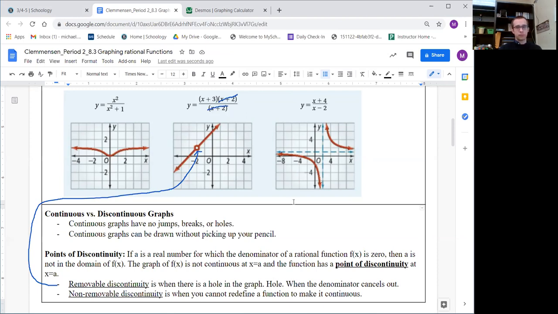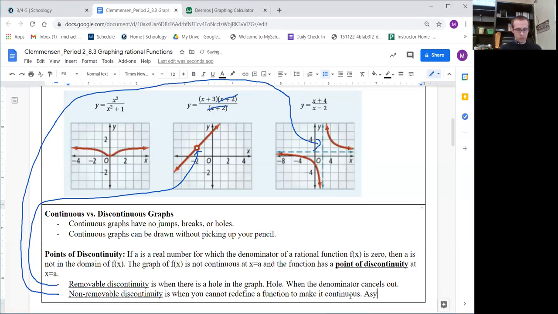Over here, the x minus 2 did not cancel. And so this one will be an example of a non-removable discontinuity, also known as an asymptote. We'll also use the word asymptote a lot.